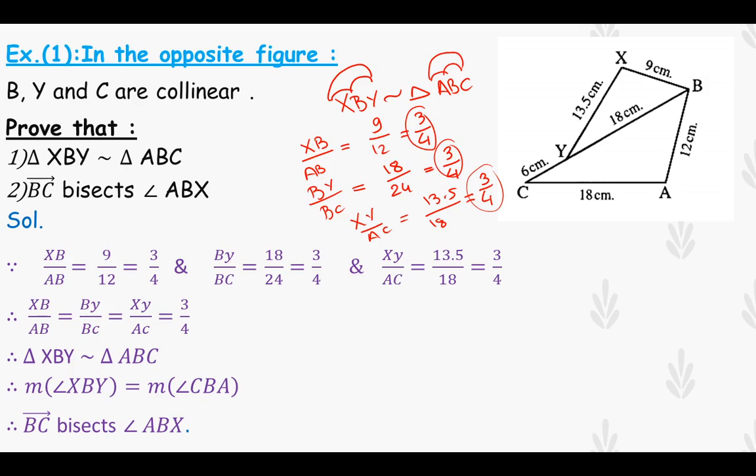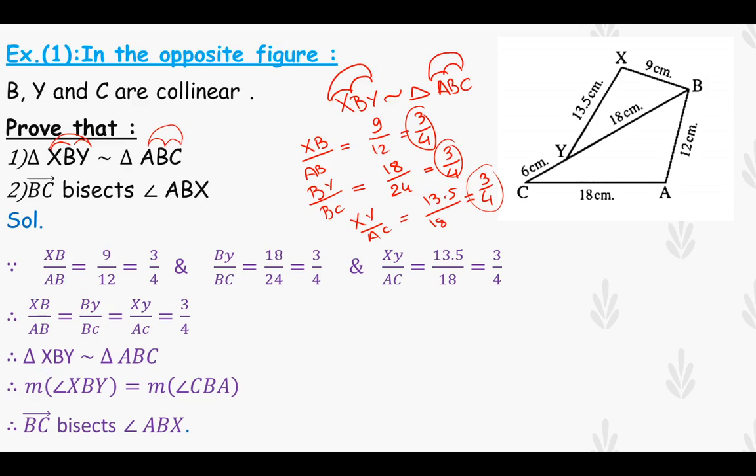He wants me to prove that triangle XBY is similar to triangle ABC, so I find XB over AB, BY over BC, and the last one XY over AC. You can see that all the side lengths are proportional and each ratio equals 3 over 4. Okay? So triangle XBY is similar to triangle ABC, similarity third case.